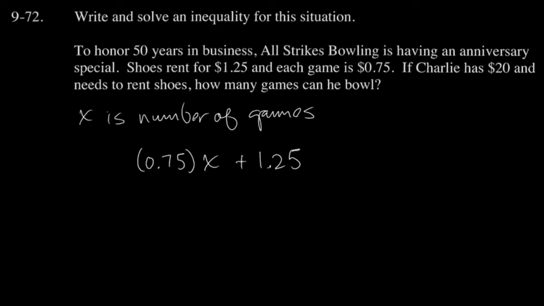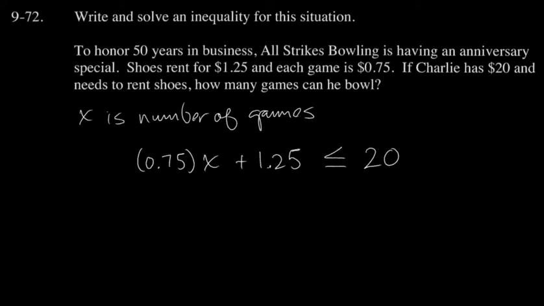Now, the amount of money that he has to spend is constrained by, it has to be less than or equal to, or you can say it can be no more than $20. So the amount of money he has to spend has to be less than or equal to $20.